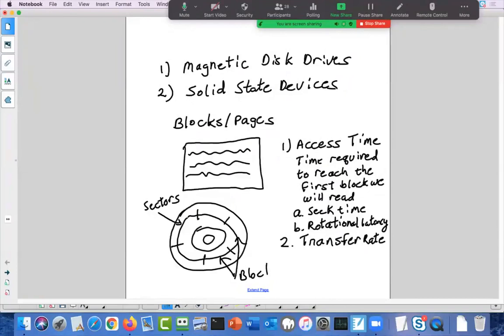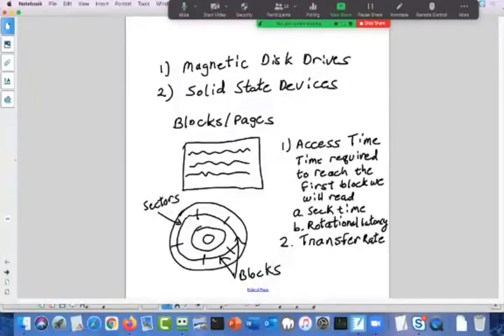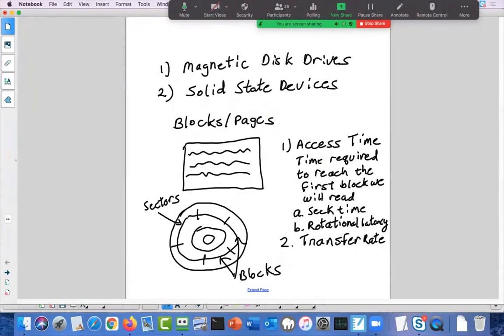So seek time, so you have a read-write head. And so if you take a look at this from the side, what you would see is a spindle with some number of these disks on them. And you'd have a read-write head that is moving in and out on this spindle from the center outwards, getting to the right sector. So the seek time is the time it takes the read-write head to reach the appropriate sector.